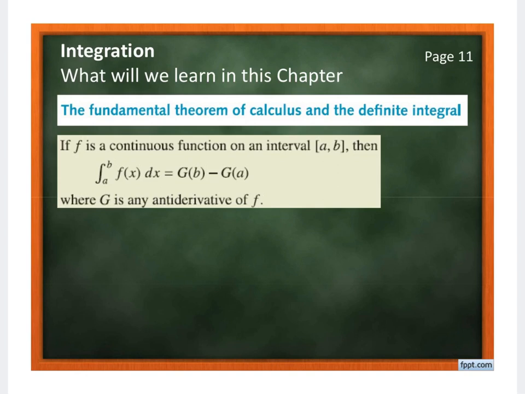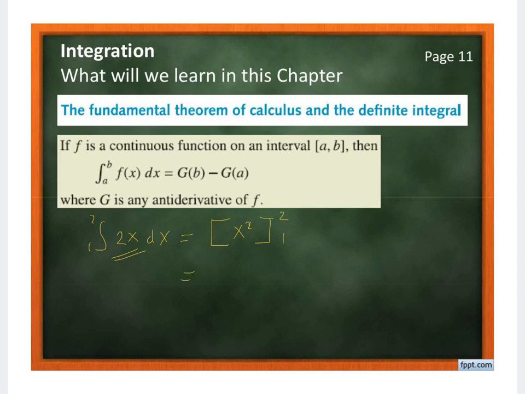For example, the integral from 1 to 2 of 2x dx equals x squared, since the antiderivative of 2x is x squared.